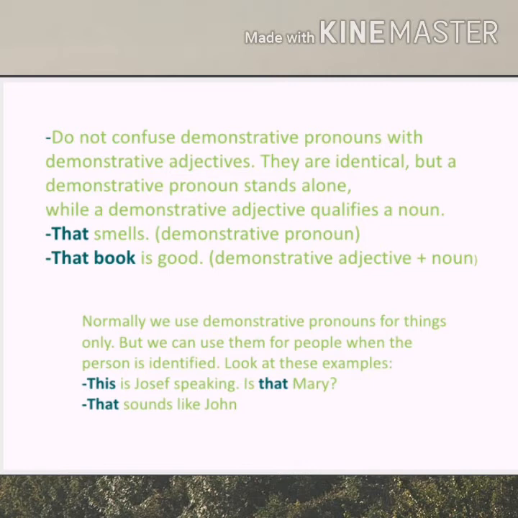Normally we use demonstrative pronouns for things only, but we can use them for people when the person is identified. Look at these examples. This is Joseph speaking. Is that Mary? That sounds like John's.